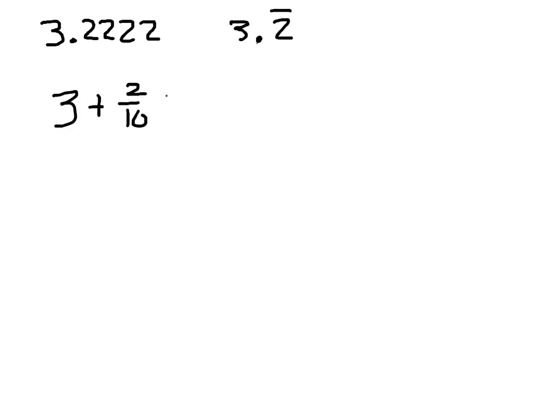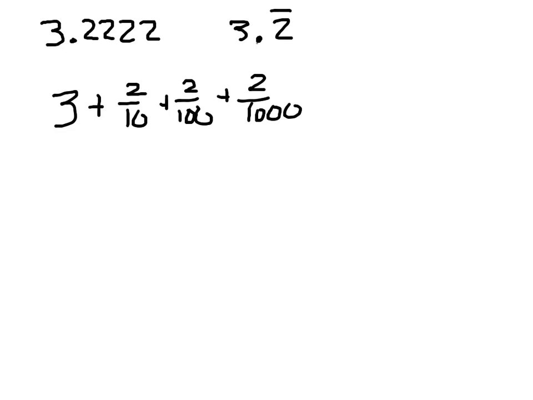Let's say you had 3.22222 like this. And some of you actually have that memorized, probably. That's 3 2/9. But if you don't have it memorized, 3.2 repeating, and you had to turn it into a fraction, this would be 3 plus 2/10 plus 2/100 plus 2/1000.